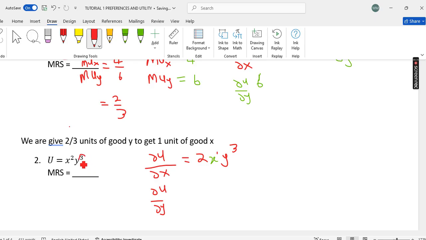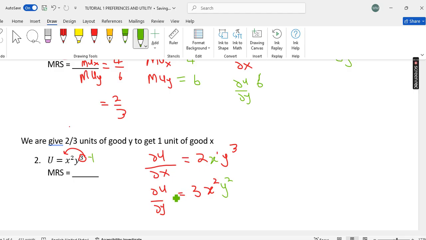So remember, exponent by the invisible number, 3 times 1, that is 3. x squared, and we have y here. Remember, subtract a 1 from the exponent. 3 minus 1, that is 2. So we get 3x squared y squared. Okay, colleagues? Yes.